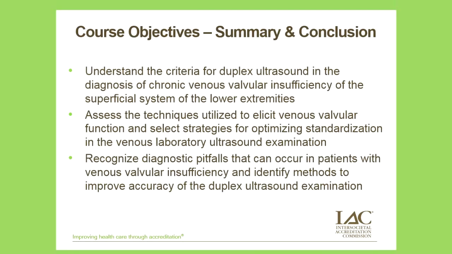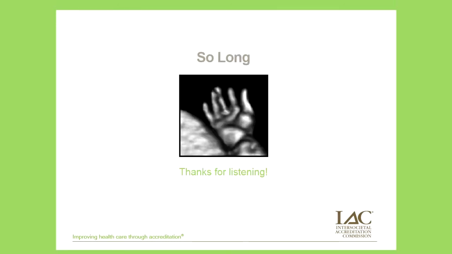So in conclusion and summary, these were the objectives that we did, and really I just want to emphasize that standardization in the vascular lab, in the venous laboratory, is possible. We just have to recognize the pitfalls that can happen and try to overcome those. And as colleagues and societies, as we move together, I'm certain that we can accomplish this. And I thank you so much for listening.